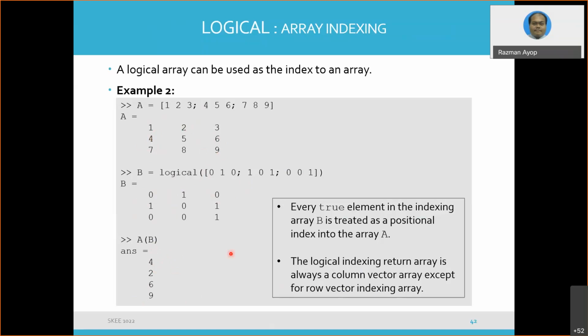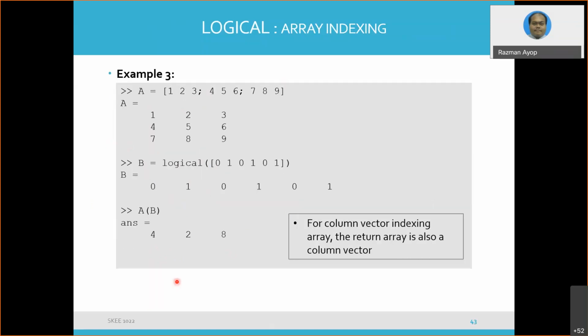Okay, can you see it? How is it related? If you combine the index, this is the index, this is a numbering data, and this is a logical data. So if you do this, you get this answer. This one is also almost the same.